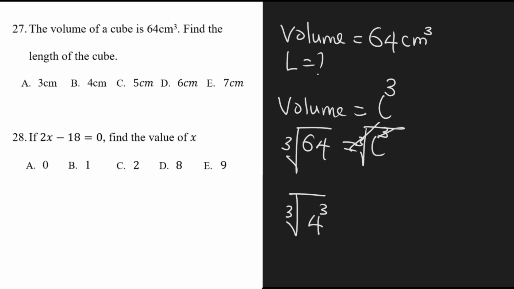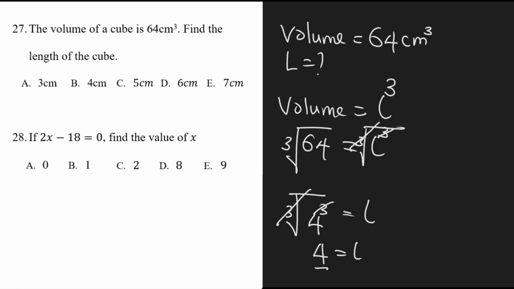Because 4 in 3 places is going to give us 64. So this 3 will cancel this 3, and you're left with L. So our answer is this 4 that is left. So 4 is equals to L. When we say A is equals to B, that means B is equals to A, right? So if 4 is equals to L, that means L is equals to 4.